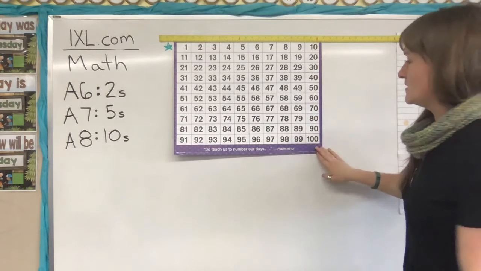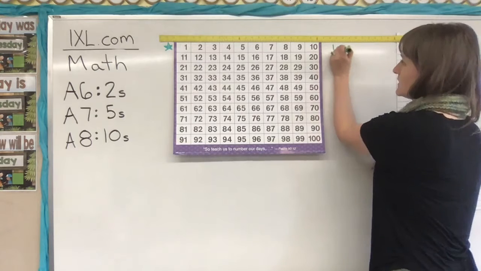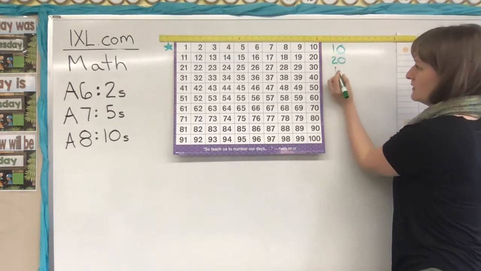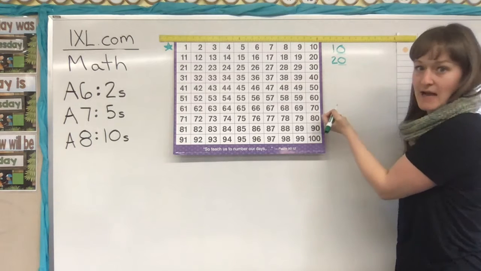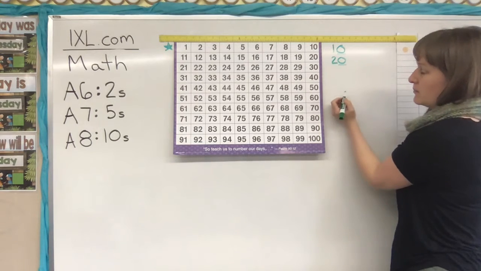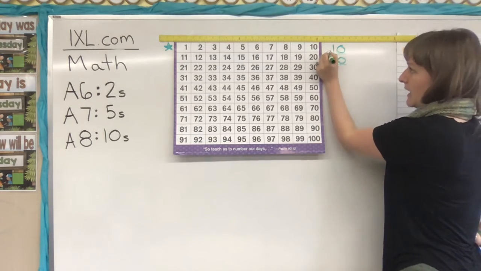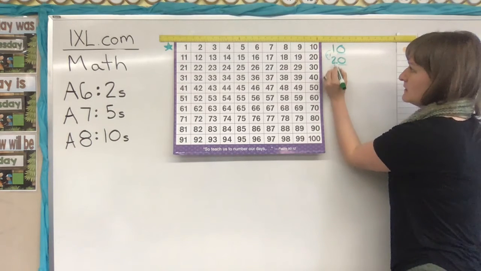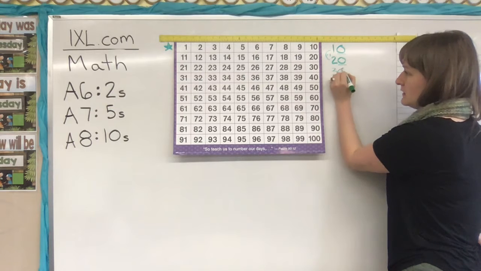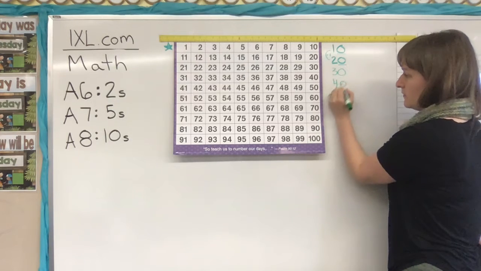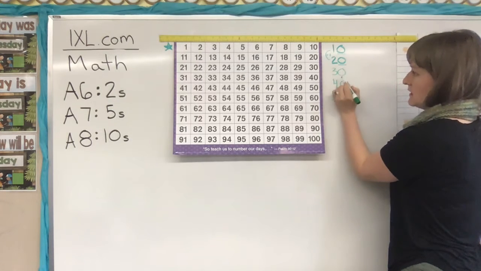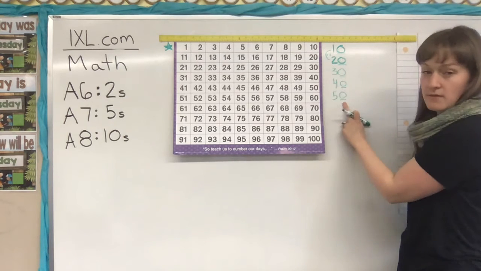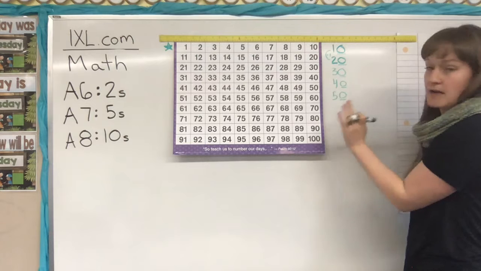My pattern here: with the 10, there's that 0. With the 20, the 0 did not change. The front number did. It went up by 1, so this is a plus 1. 10, 20, 30, 40, 50. Every single time we count by 10s, the 0 in the ones place does not change.